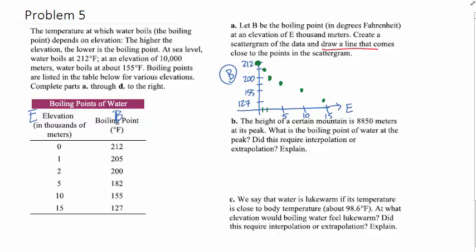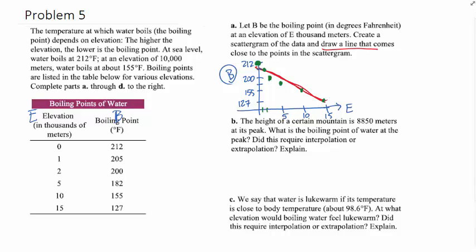It has to probably be below 212, and so my line would probably go something like this. It doesn't pass through all the points. The way this is set up, it's not going to pass through every single point. But I know that it's decreasing. The points have a little bit of a curve, and so the line just has to go through as best as it can to get close to all the points, not just 1 or 2 points.